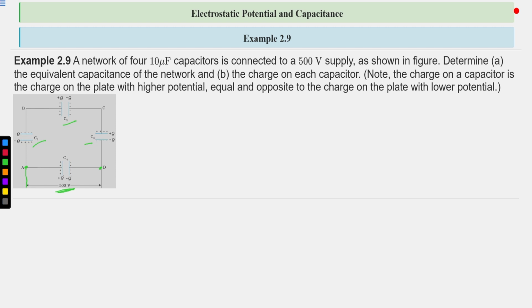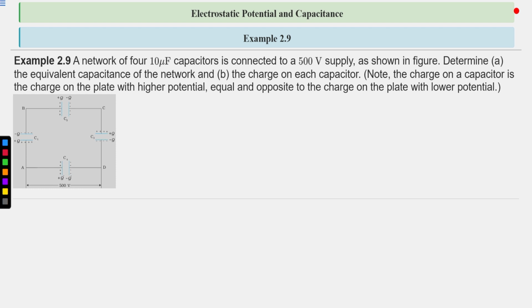Okay, so this capacitor will be in parallel to the combination of these three capacitors, because the combination will have a connection at a common point with this C4. Okay, so how will we modify this diagram?